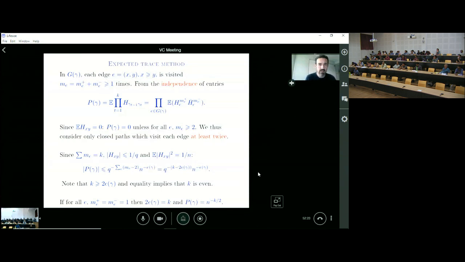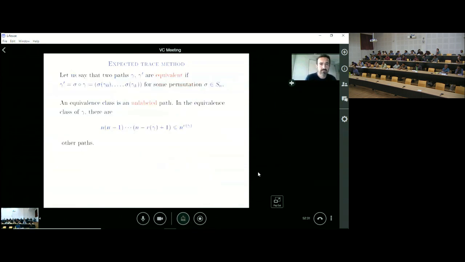Okay? This is because the variance is exactly equal to 1 over n. This was for the contribution of the weight.